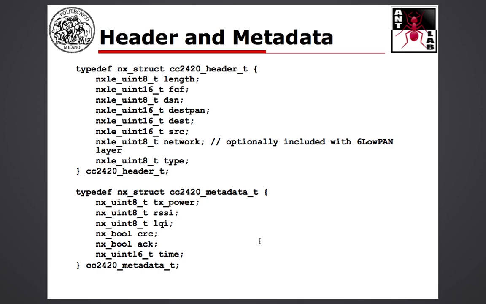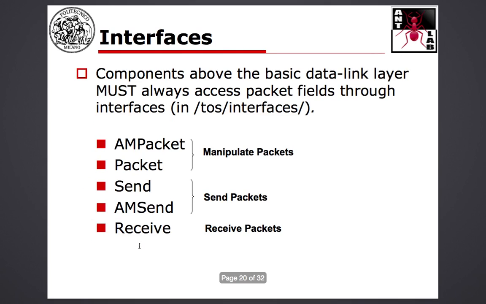In the metadata you have other fields, such as the transmission power that you want to use for this transmission, the received signal strength estimated by the receiver, the link quality indicator, the CRC, the acknowledgements, these kinds of fields. So information which is not part of the meaningful part of the message, but can still be used for several things.